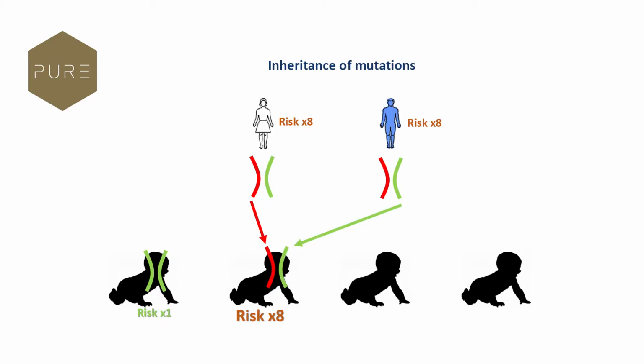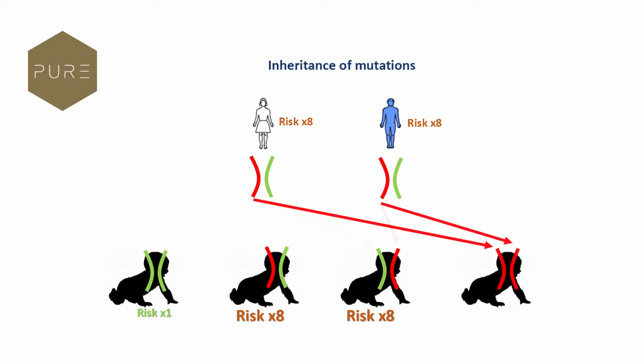It's just the same as the parents, risk times 8. Here again, risk times 8. And this baby is unlucky, it inherited the broken gene from both parents. And here it's actually not 2 times 8, 16-fold, but 80-fold. So really having more risks together multiply by each other. So it's not additive, but multiplicative.